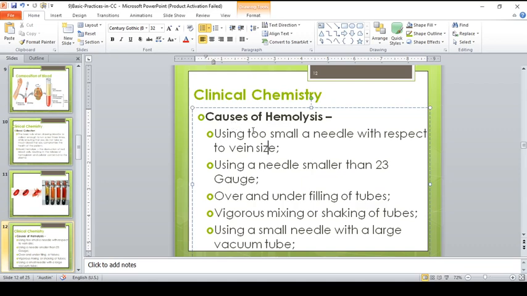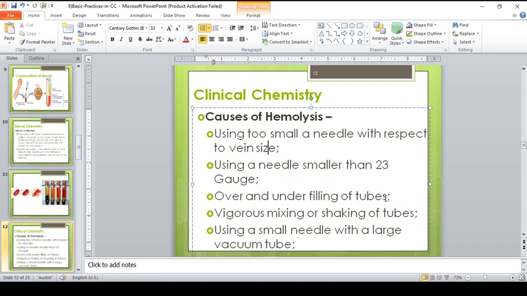So if you use a small needle to draw blood, that may lead to hemolysis, like using a needle smaller than 23 gauge. Again, it refers to the diameter of the hole of the needle, in a syringe or in an evacuated tube system. Next, over and under filling of tubes.